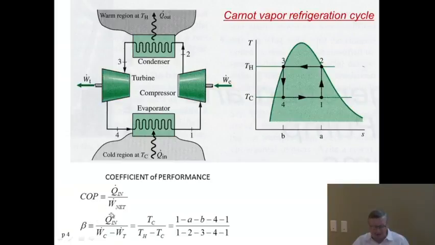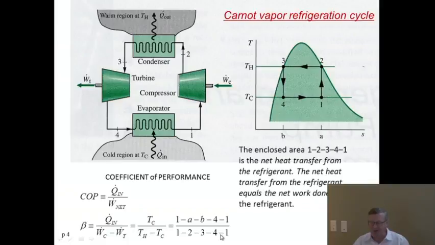So this is what we have here. The COP, which is the net heat in divided by the net work you had to give to the system, is the area of 1AB41 divided by the area of 12341. All right, that's Carnot. So basically, I'm repeating here, the net heat transfer and the net work in.